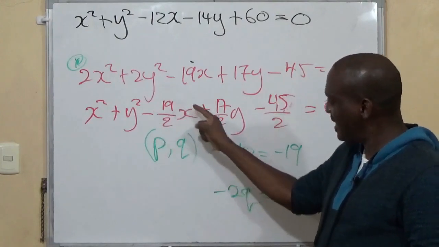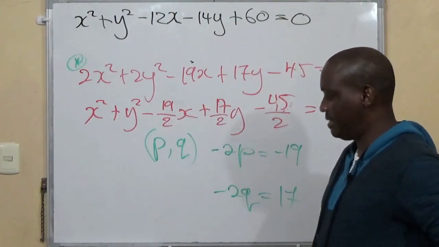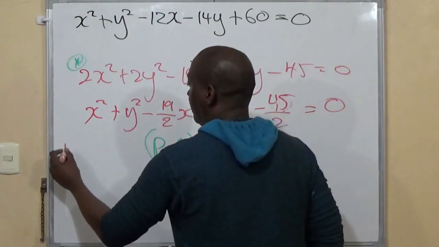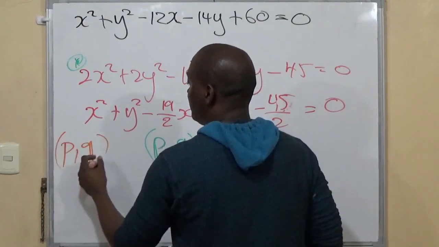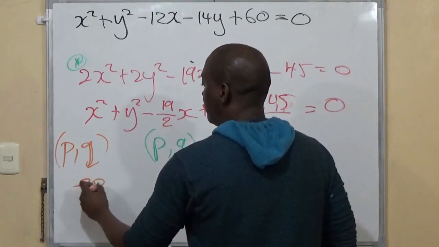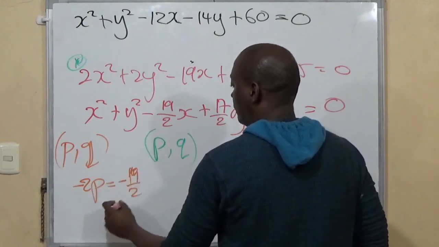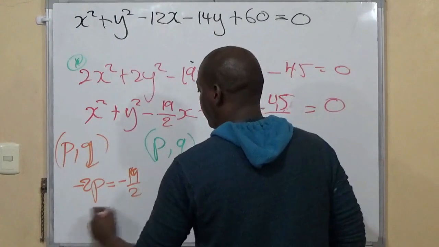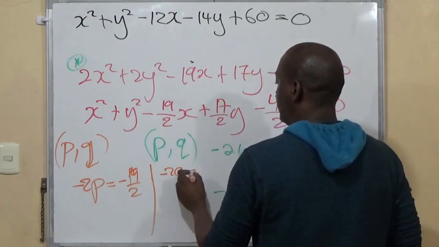And then when you come here now, if p, q is the center, and I'm changing the color of the ink just for emphasis, now you could see here that minus 2p is equal to minus 19 over 2, and minus 2q is equal to 17 over 2.